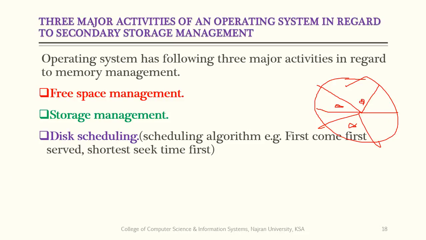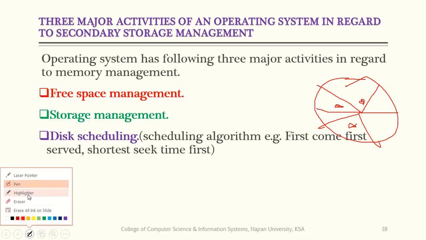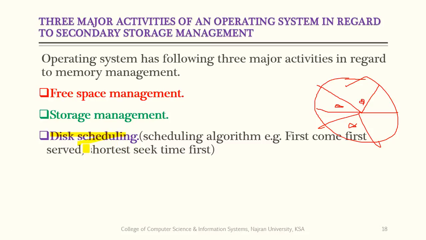Okay, the third one is disk scheduling. We have some scheduling algorithms: first come first serve, shortest seek time first, and so on. We have many different algorithms for disk scheduling. So we have three activities that the operating system does for secondary storage management. The first is free space management, how much space is available.